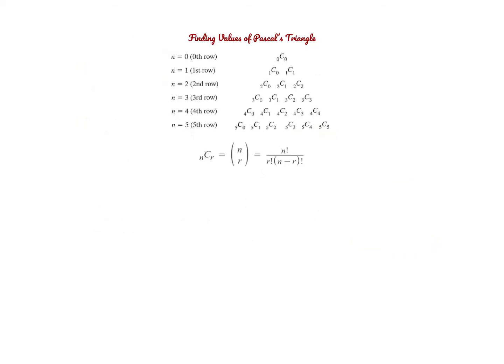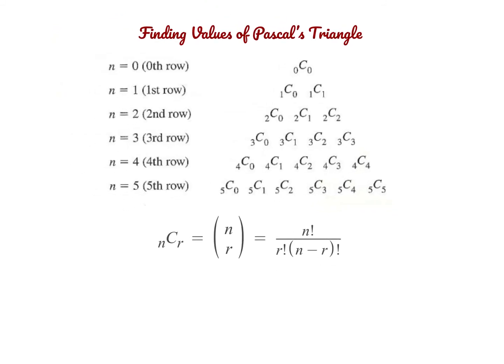A factorial is really just multiplying. Let me show you an example. For 5 factorial, it's just 5 times 4 times 3 times 2 times 1. You're just multiplying all of the successive whole numbers all the way down to 1.